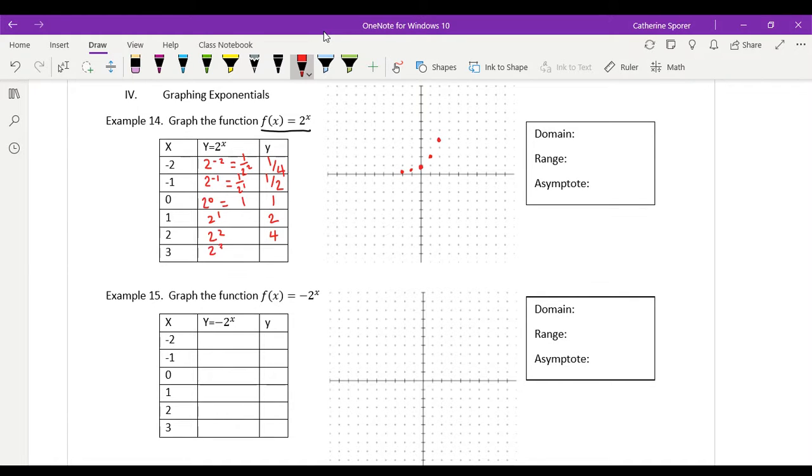And 2 to the 3 is 8. So we just get each of those points by plugging in these x values into the function 2 to the x. Okay, if we connect these points, we get the exponential function.